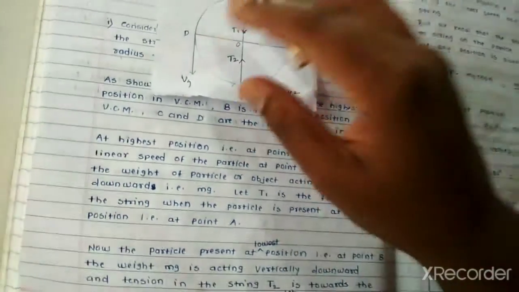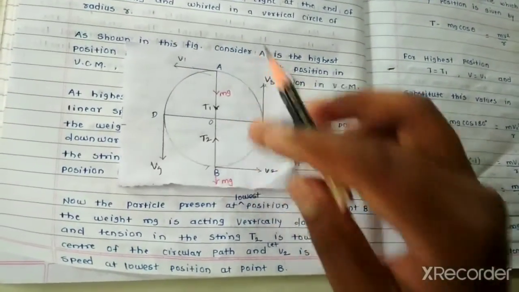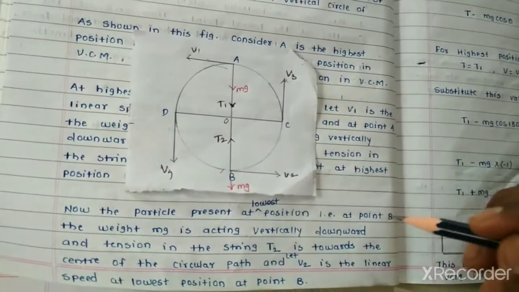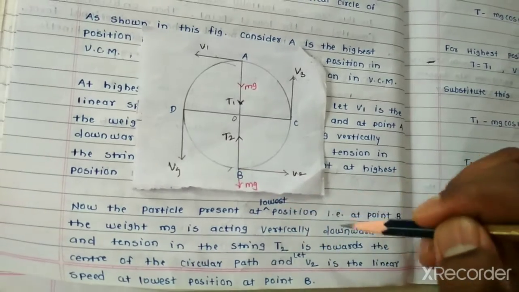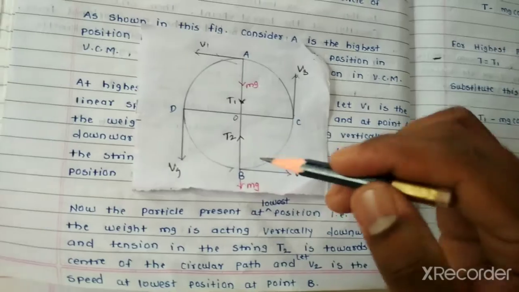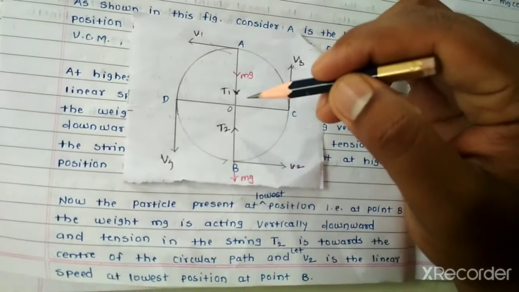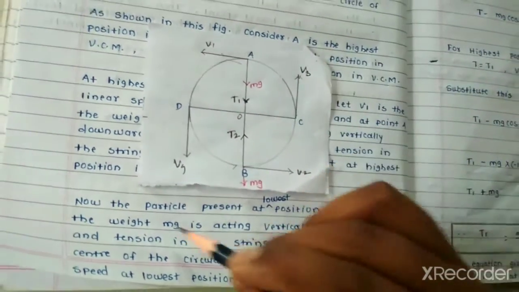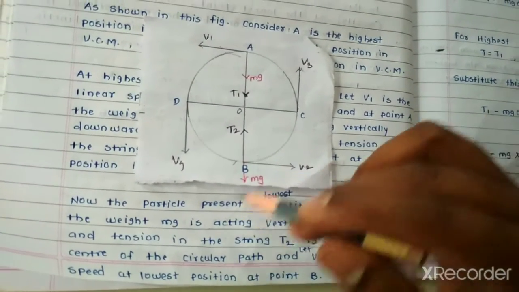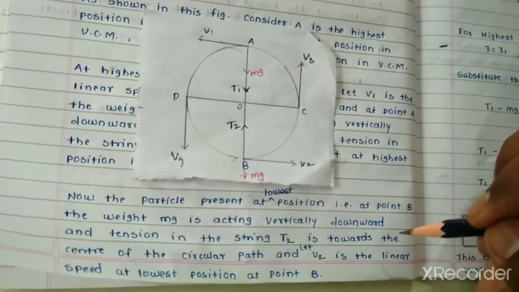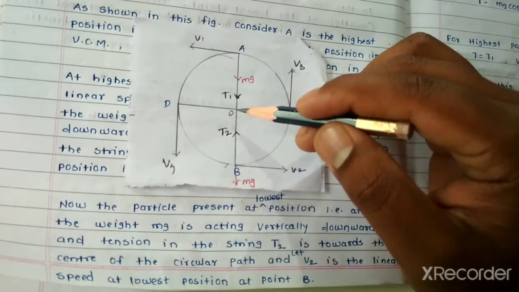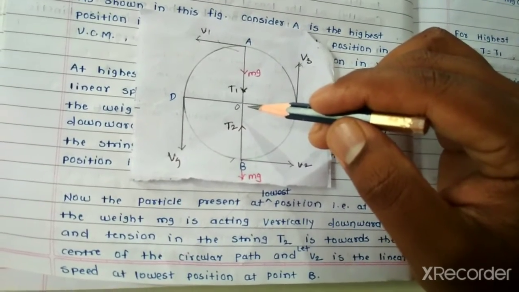Now the particle present at the lowest position, that is at point B, the weight mg is acting vertically downward, and the tension in the string, that is T2, is towards the center of the circular path.